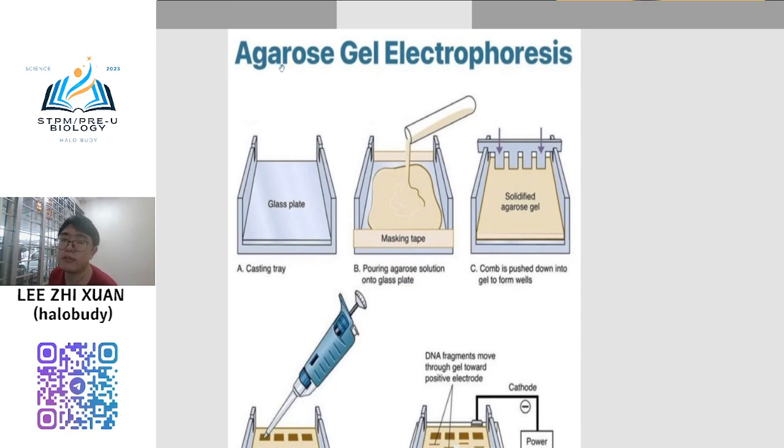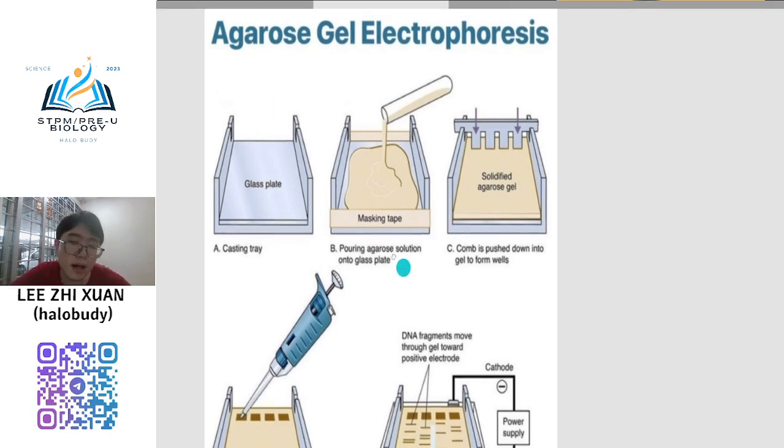Agarose is one type of carbohydrate, a polysaccharide that you have never learned. It is a heteropolysaccharide, containing many different carbohydrate monomers, not like the homopolysaccharide that you learned. You don't need to know the structure. You just need to know that one type of gel we call agarose.